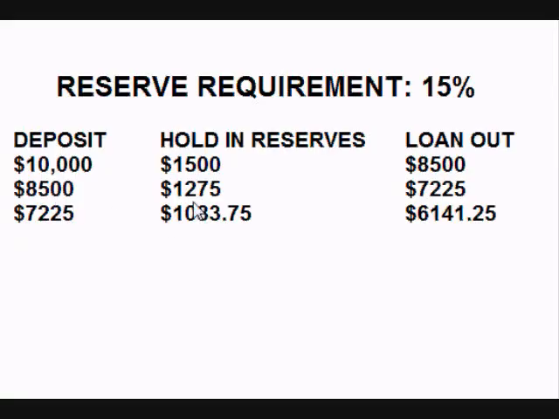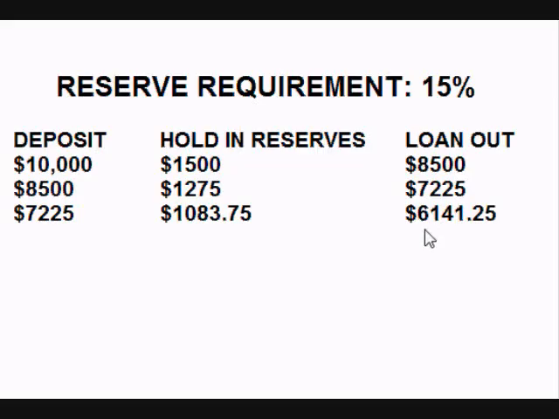The bank must hold $1,275, leaving only $7,225 to loan out. The borrower spends that, and the recipient deposits $7,225 in the bank. The bank must hold $1,083.75, leaving only $6,141.25 to loan out.